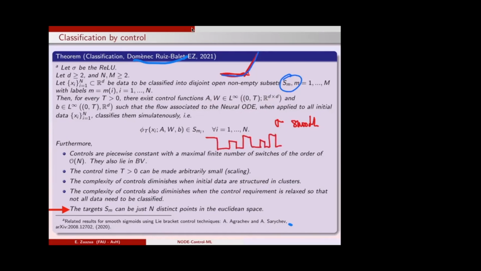Of course, in that case, you could also regularize a little bit the controls, and you will still preserve the conditions, right? Because the final target we have is open, you can make small variations either on the sigmoid or on the controls and you preserve, right?